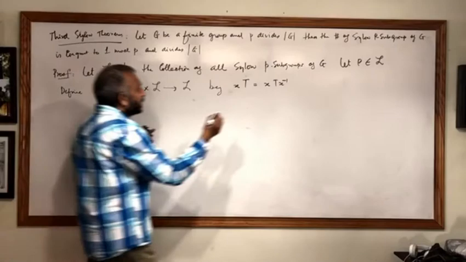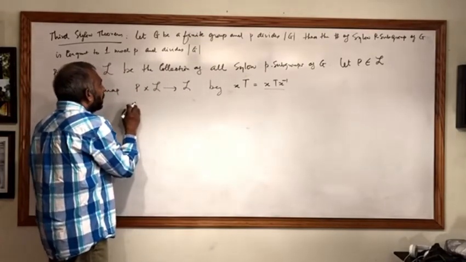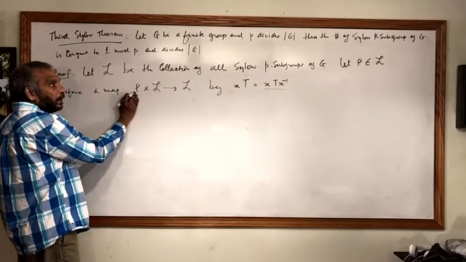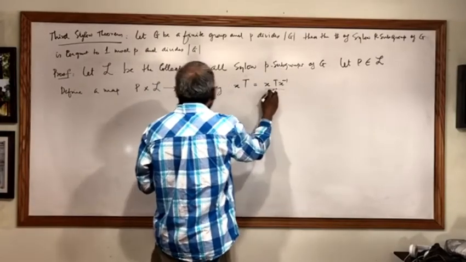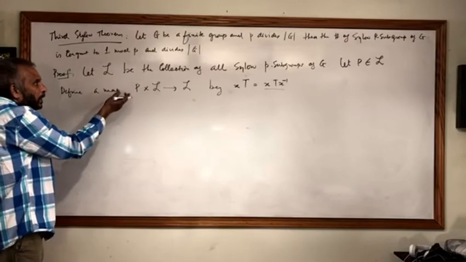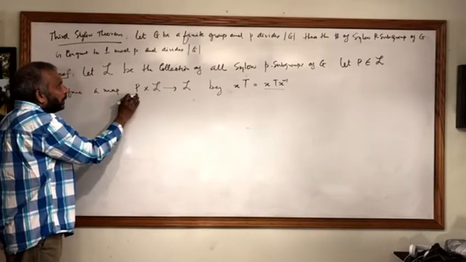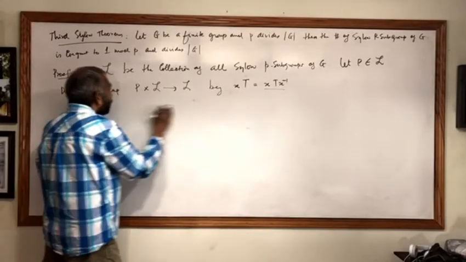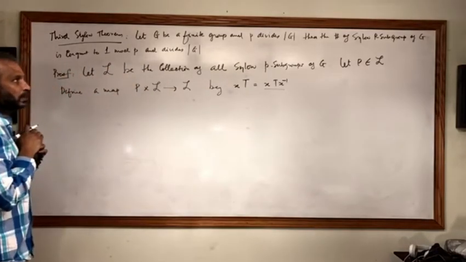So this conjugate actually belongs to L because P is a Sylow P subgroup and T is a conjugate of this. This is a previous theorem: if P is a Sylow P subgroup and T is conjugate to this, then T is also a Sylow P subgroup.